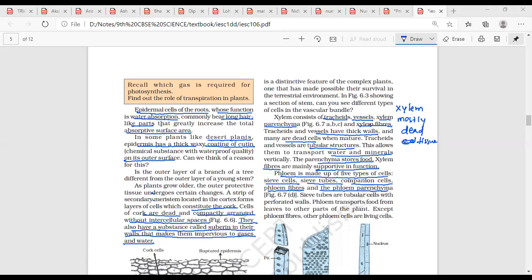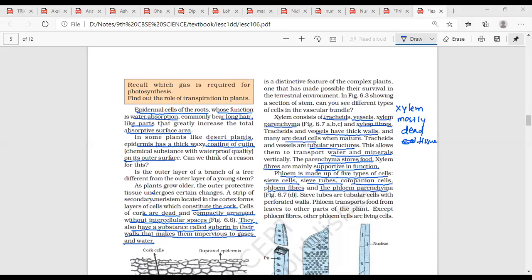Ma'am, can you tell the points which you told earlier, before mostly dead and alive? Their function: helps in transportation of water and minerals, and helps in transportation of food.